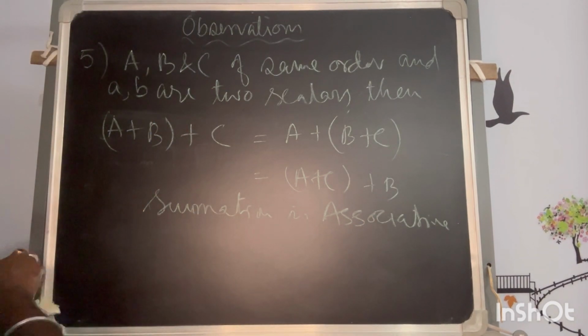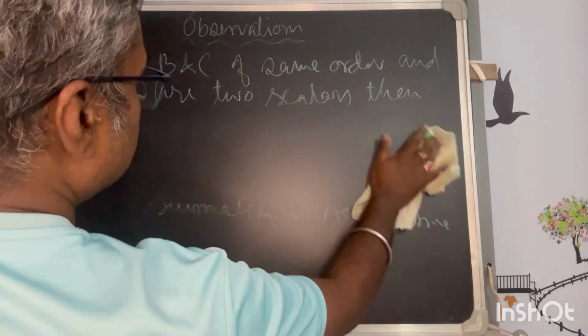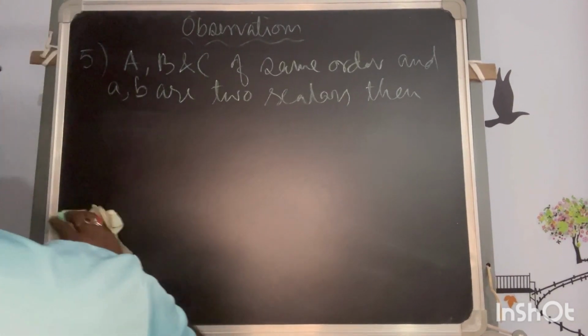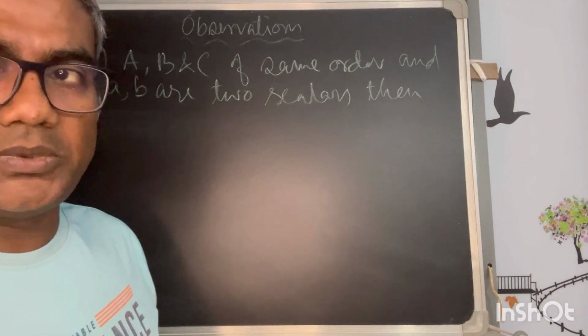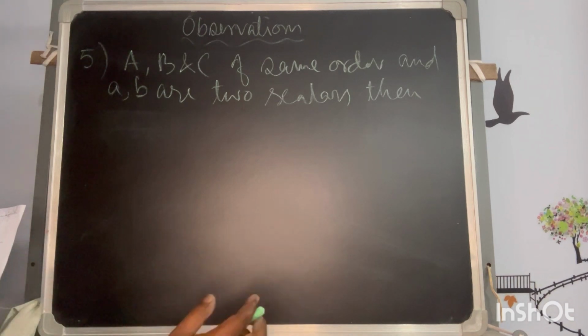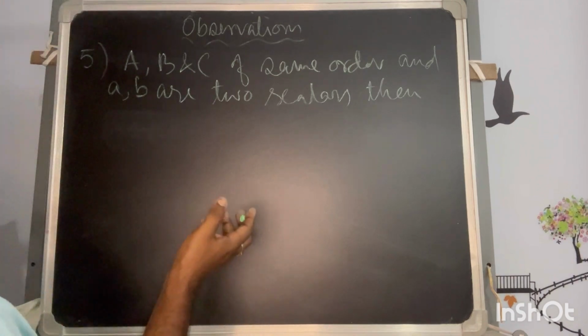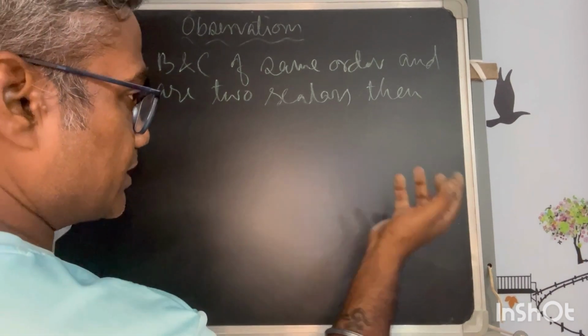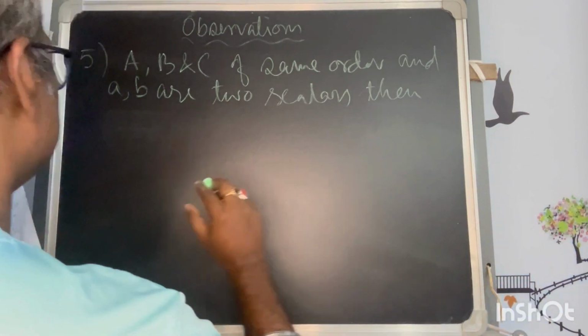Now, for summation, no distributive rule comes, because distribution comes when there is a multiplication. So the possible rules with summation are commutative and associative. Commutative means when the place changes, associative means it can associate with any other to start with.